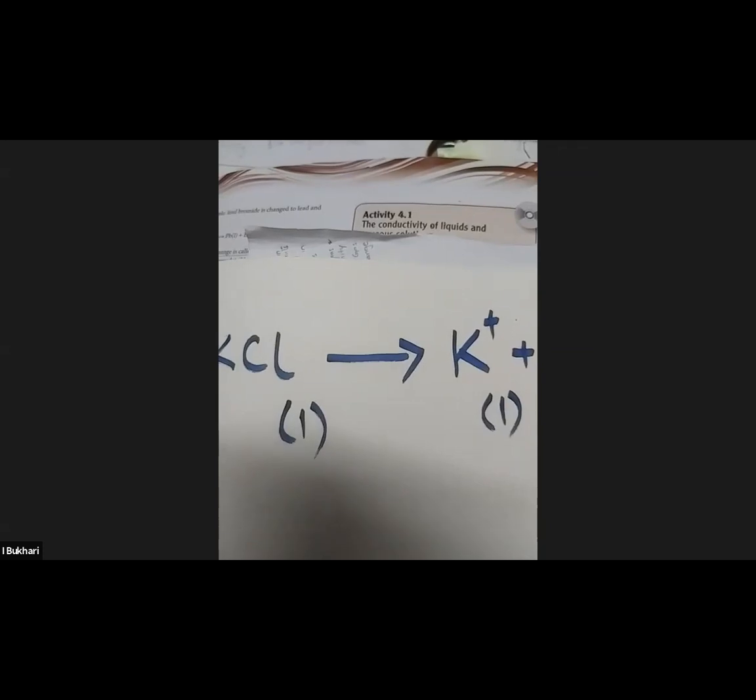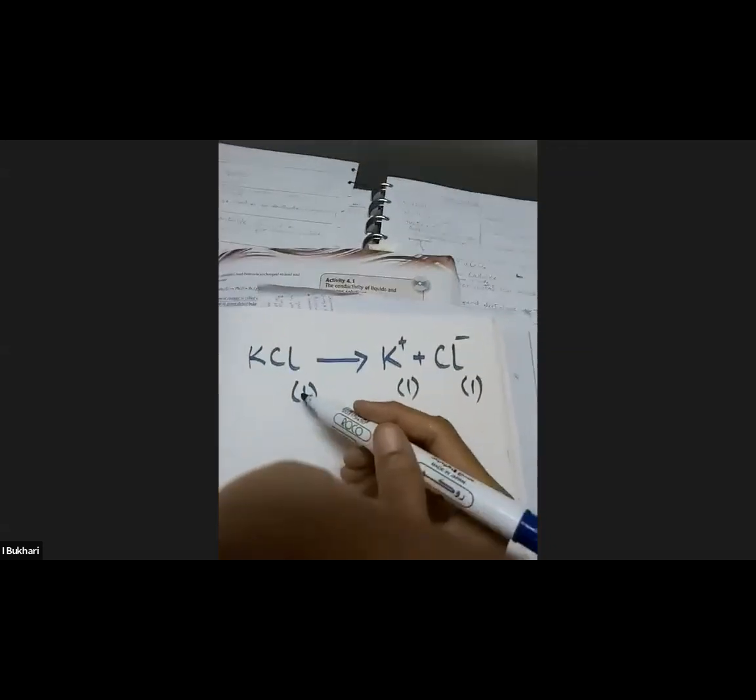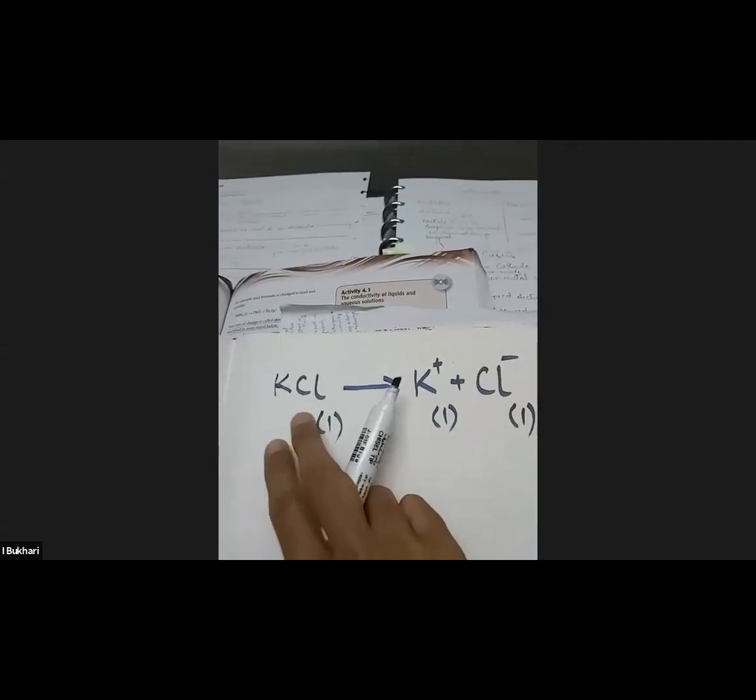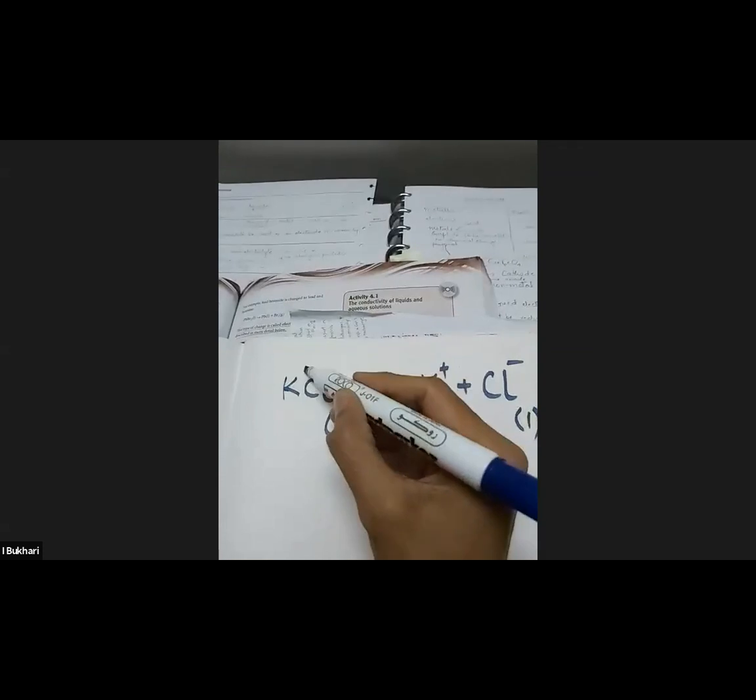No. Okay. Let me explain it. This is no reaction. You know why? Because it's the same thing. I just wrote them separately. This is an ionic compound. It is in the form of potassium ions and chloride ions.